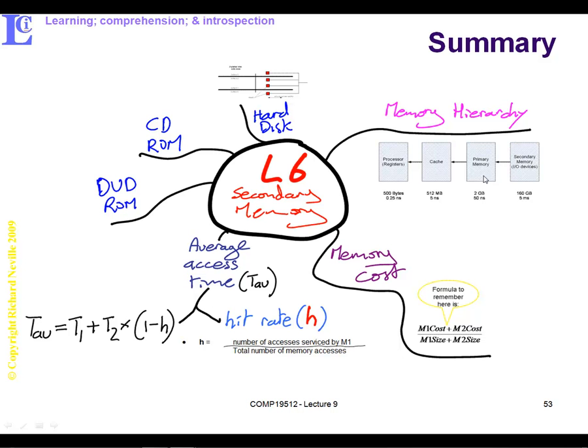If it does this at a very high hit rate, say 0.99, it will hardly ever access the secondary memory. The formula was the average access time, T subscript AV, equals T1 plus T2 times 1 minus H, so T2 times 1 minus the hit rate. That gave us a measure of the average access time given a particular hit rate for the main memory, meaning a particular amount of the information is in that main memory.